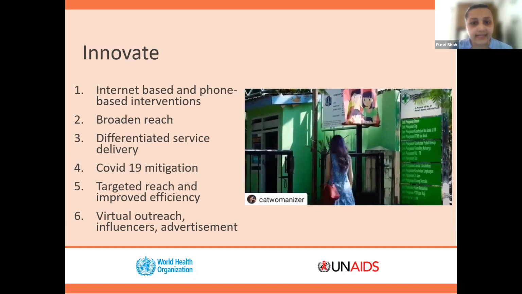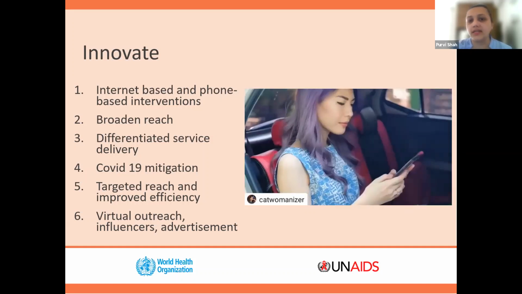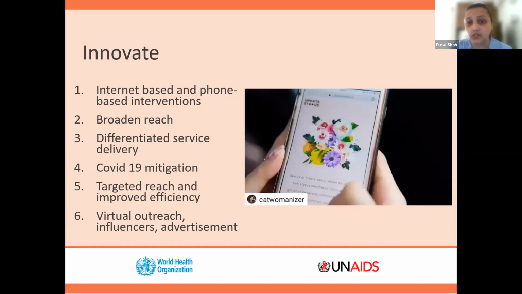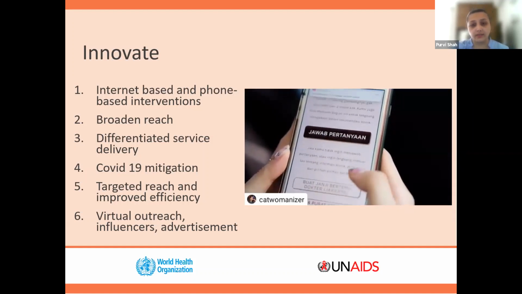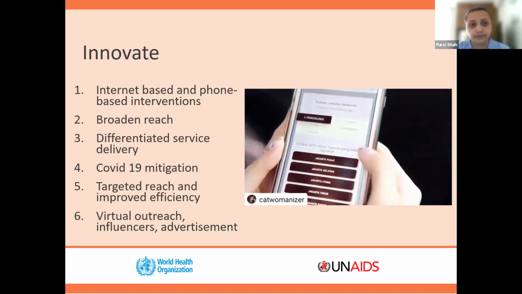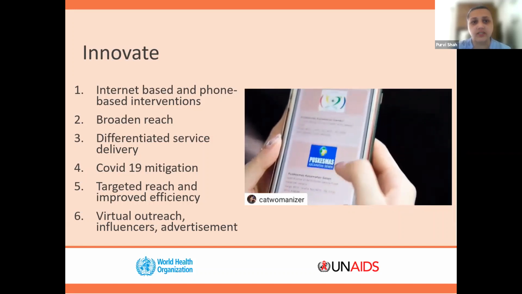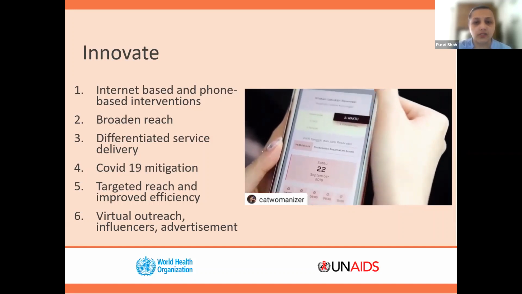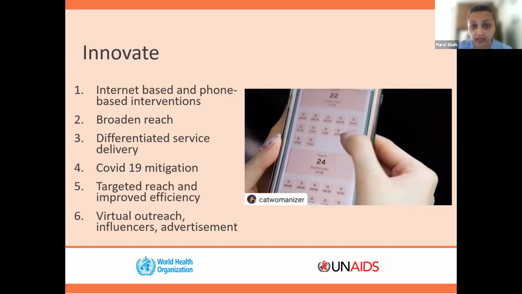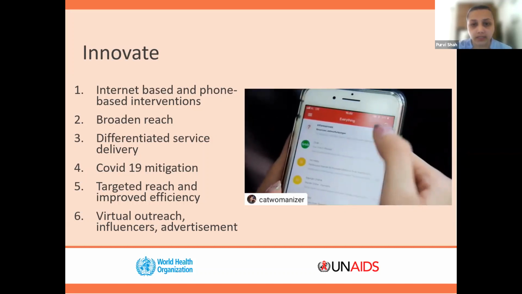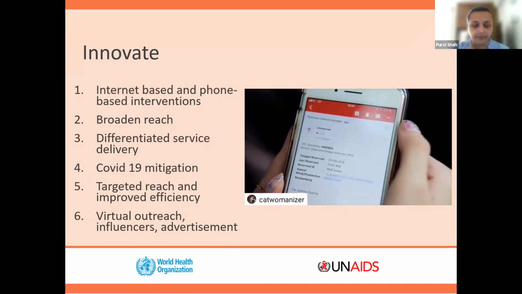They are more discrete, hidden populations, and they don't necessarily identify themselves as key populations, but are equally vulnerable and in need of services. Virtual interventions and other types of innovations can help us broaden our reach to this other vulnerable population as well.